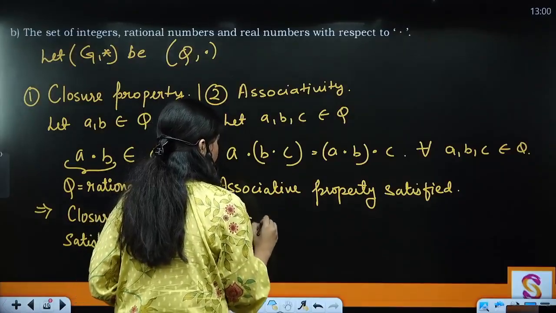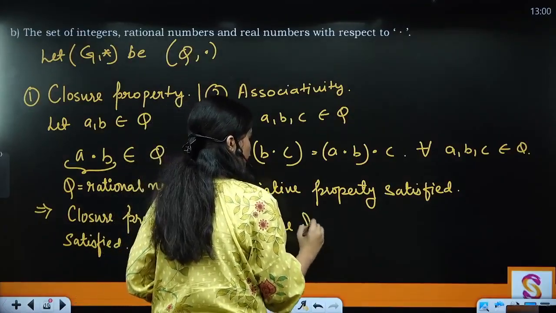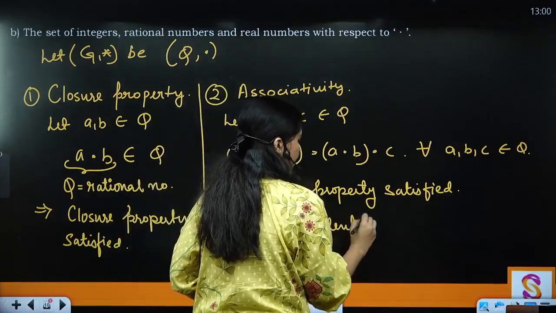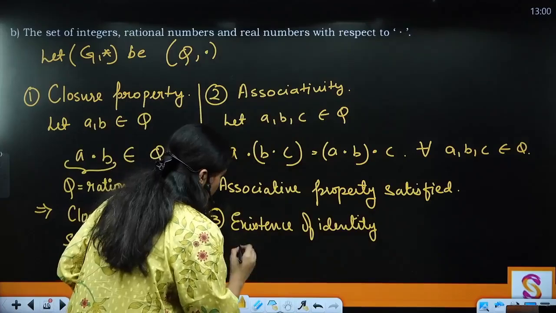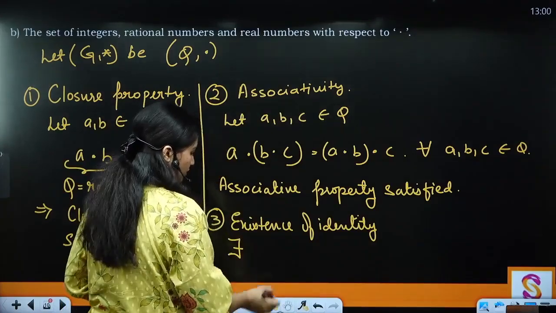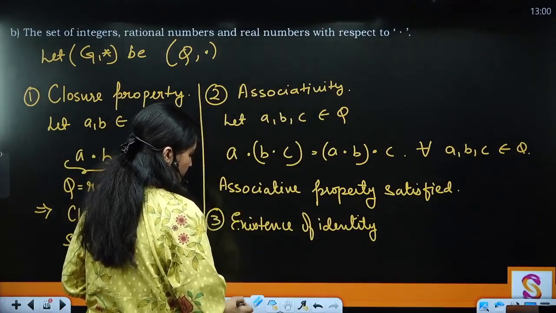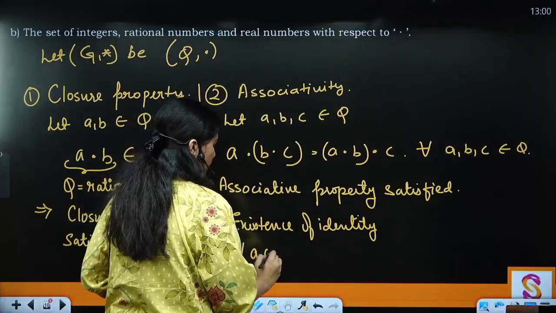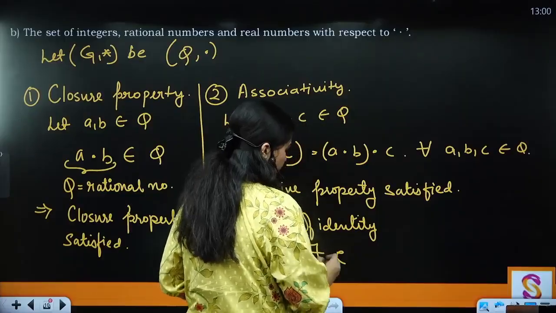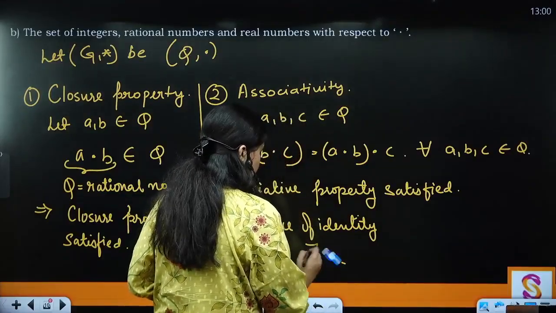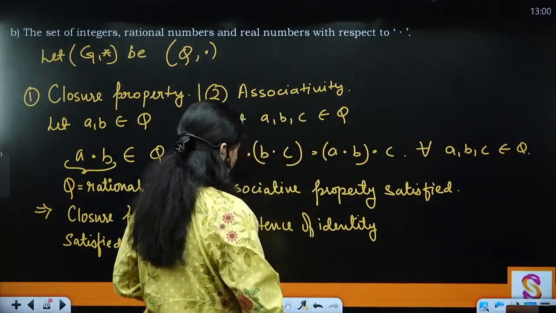Existence of identity. So for all a belongs to Q, there must exist e, or let's first see what the property is.